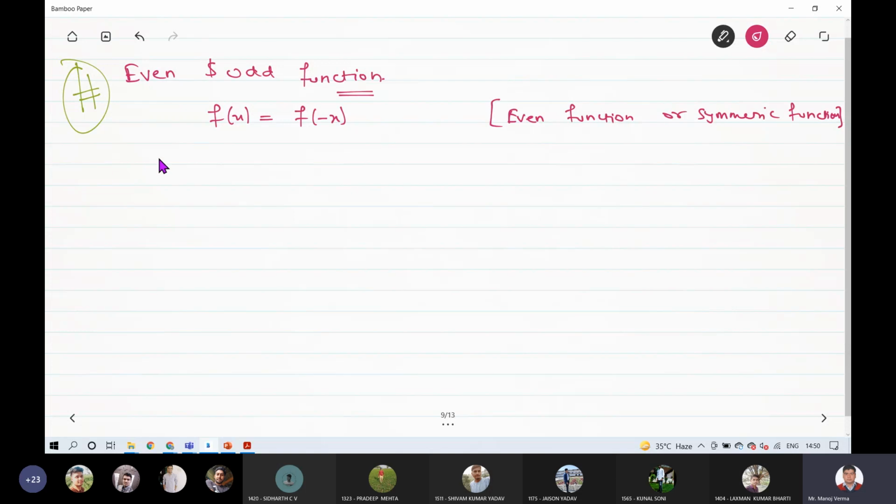For example, let's take the simplest function f(x) equal to x square. So if I insert minus x instead of x in the function, then you can see this function is not changing.